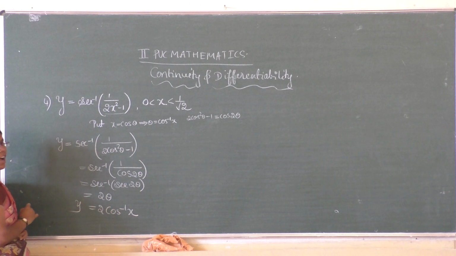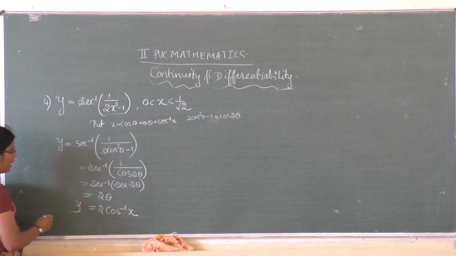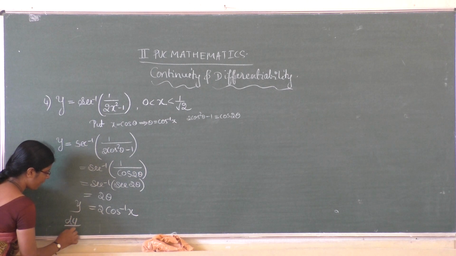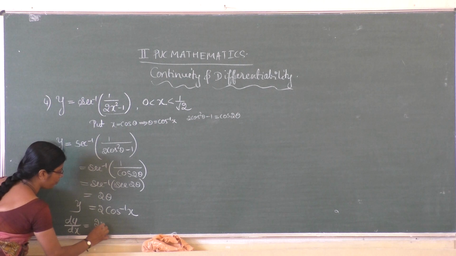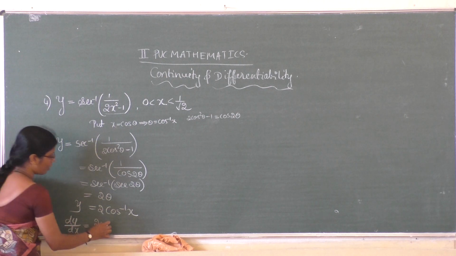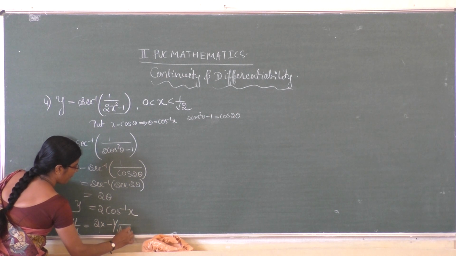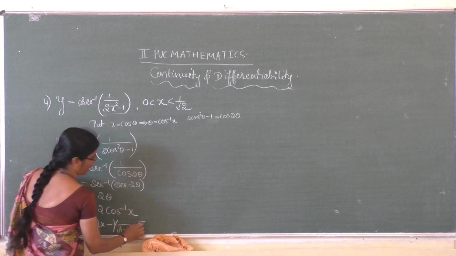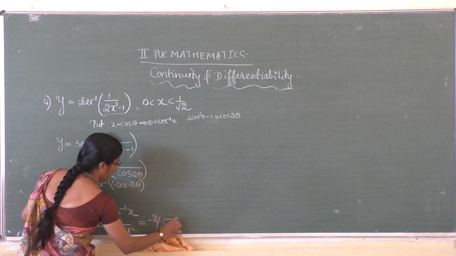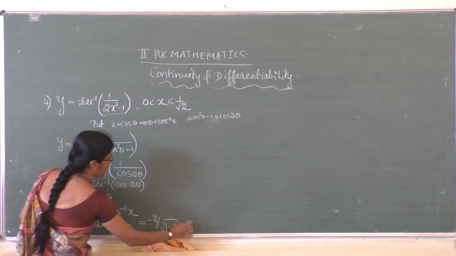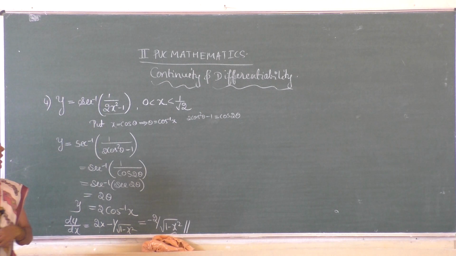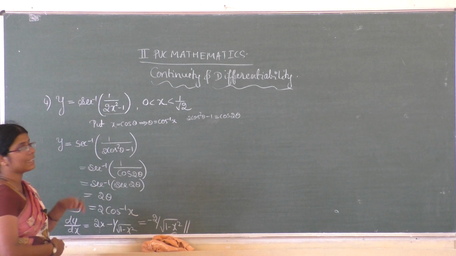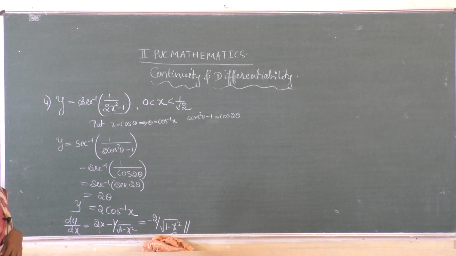So we got y equal to 2 cos inverse of x. Therefore, dy by dx is equal to 2 into the derivative of cos inverse x, which is minus 1 by root of 1 minus x square. So this is minus 2 by square root of 1 minus x square. Okay, so this is how we get the derivative of secant inverse of 1 by 2x square minus 1. Okay, next one.